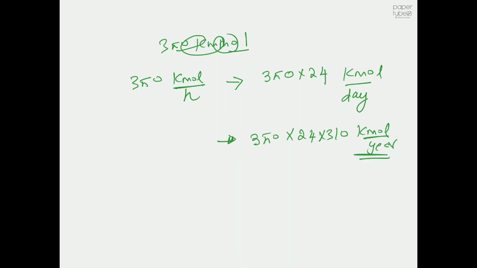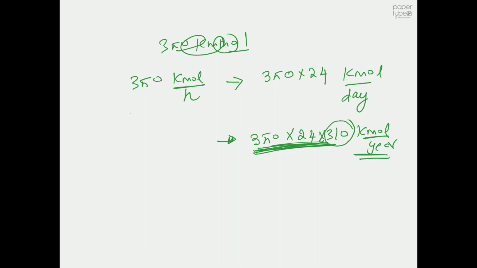So this is the amount of ethylene dichloride that we will produce per year, assuming we operate the reaction for 310 days, and the remaining days we will spend for cleaning and maintenance. Anyway, we will come back to this later.